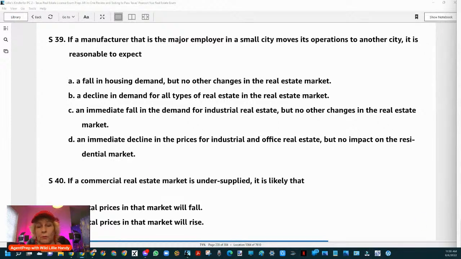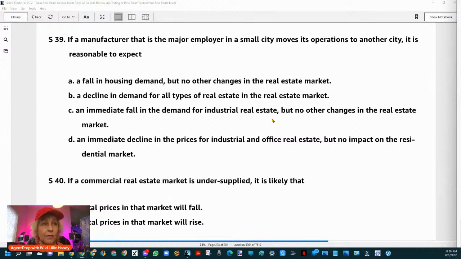So, let's see, some of you said C, an immediate fall in the demand for industrial real estate, but no other changes. Well, no. Okay, major employer, keyword, major employer. That's not going to affect necessarily other industrial businesses or real estate.